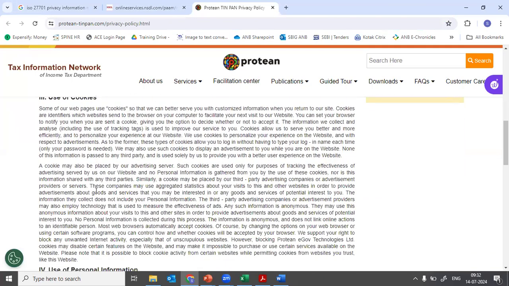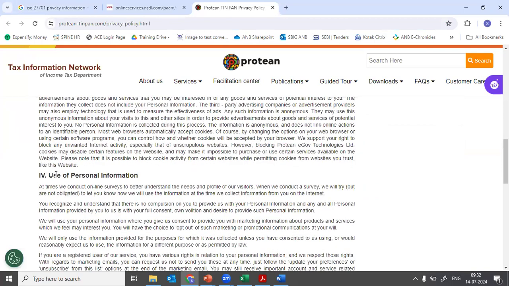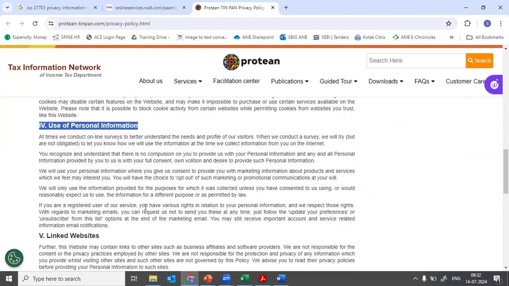Then, how your personal information will be used. For example, sometimes you might have noticed that when you provide your mobile number to an insurance company, you start getting messages on WhatsApp and promotional emails, correct?